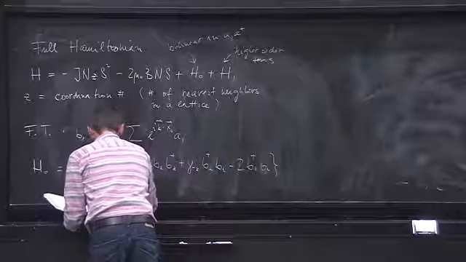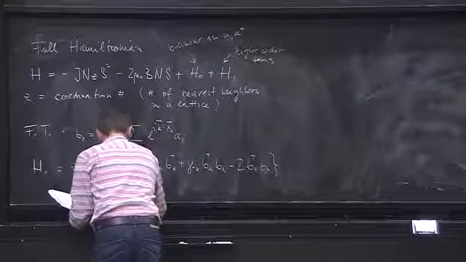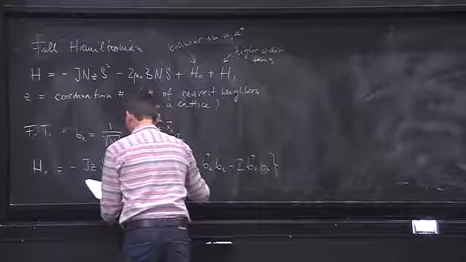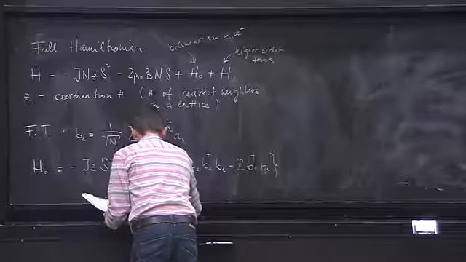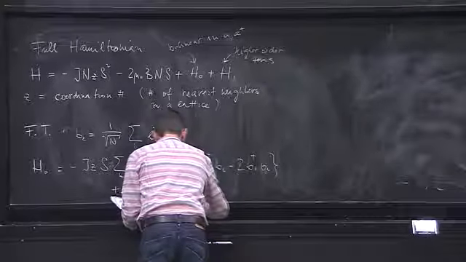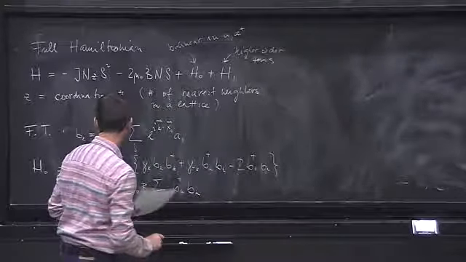And then there is a term from the Zeeman effect, 2 mu naught B sum over k b dagger_k b_k.